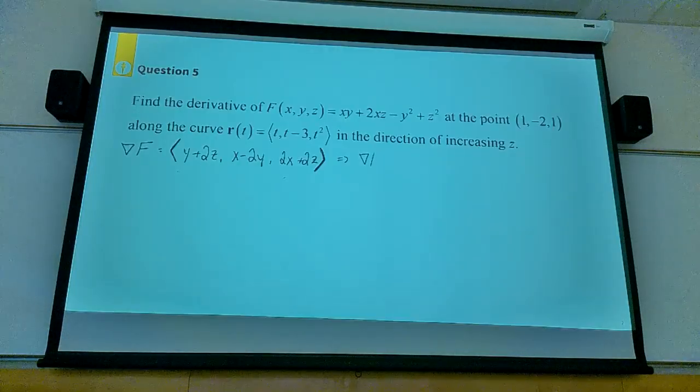And now we evaluate that at our point, right? (1, -2, 1): negative 2 plus 2, 1 minus negative 4, 2 plus 2.